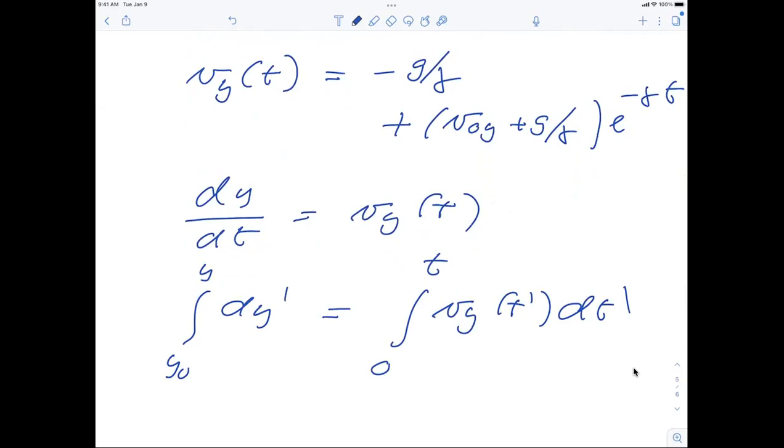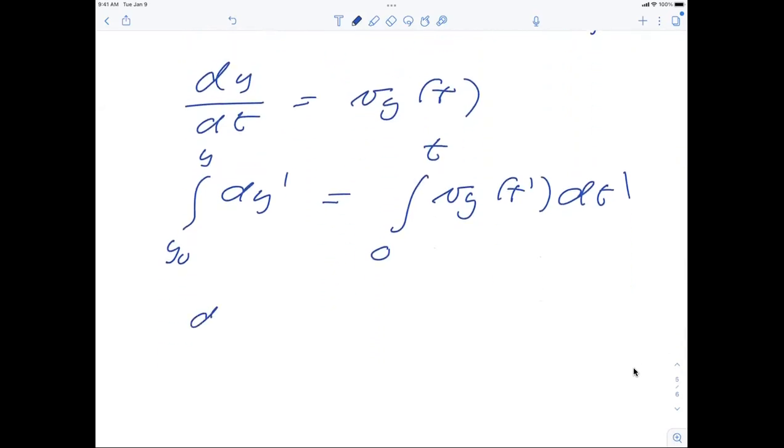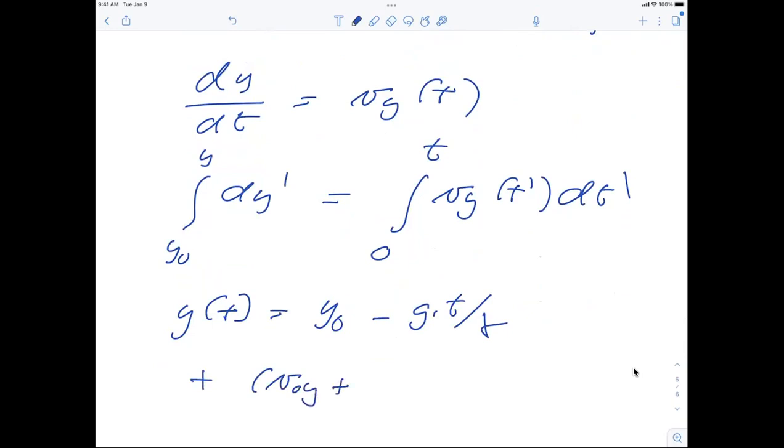So we're just going to give you the answer here so that you can compare that with what you will get yourself. So that means that y of t is going to be equal to y0 minus g times t divided by gamma plus v0y plus g divided by gamma multiplied with 1 minus e to the minus gamma t.